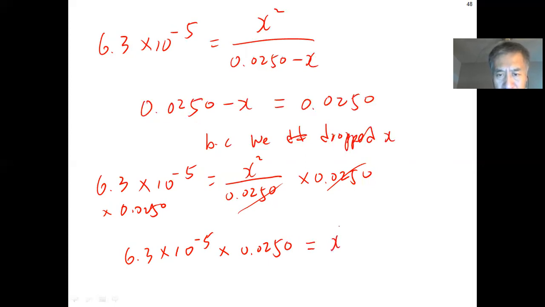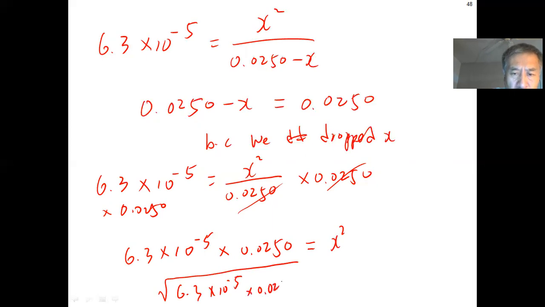Now we have x squared, so we take the square root of both sides: the square root of 6.3 times 10 to the negative 5 times 0.0250 equals x.